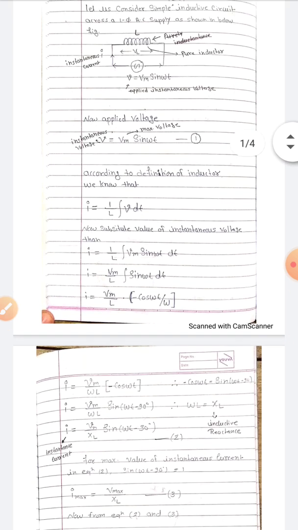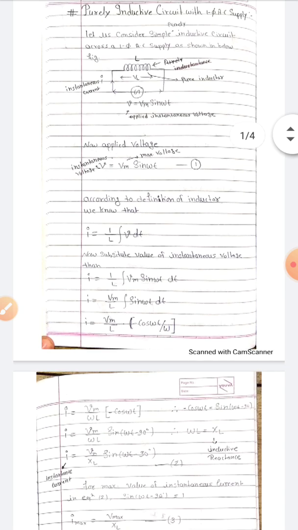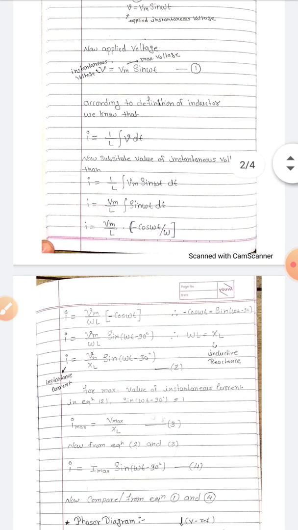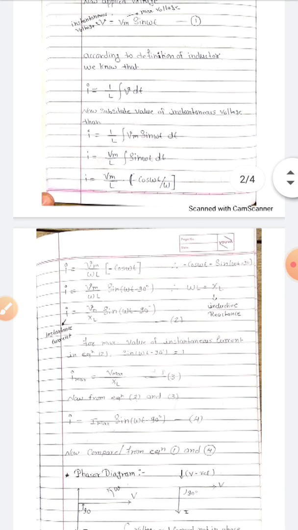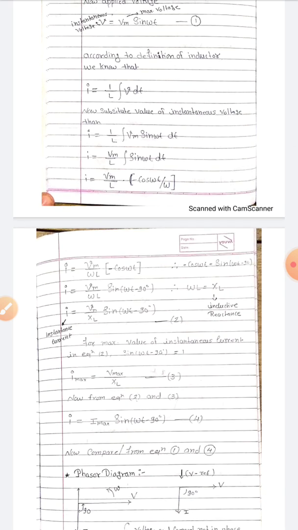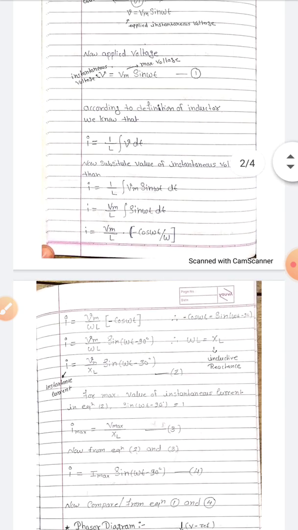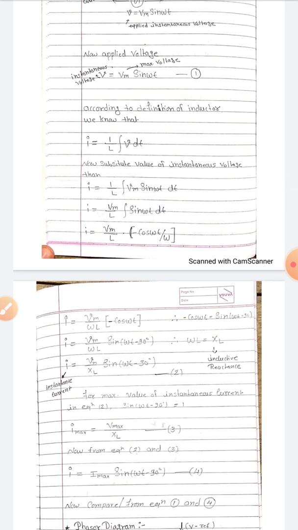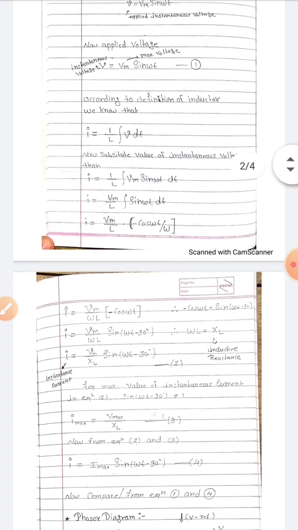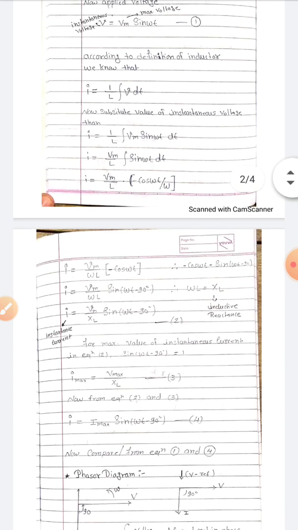And in equation number 1, Vm represents the maximum voltage, and in equation number 4, Im represents the maximum current. In equation number 1 we have sine omega t, and in equation number 4 we have sine omega t minus 90.